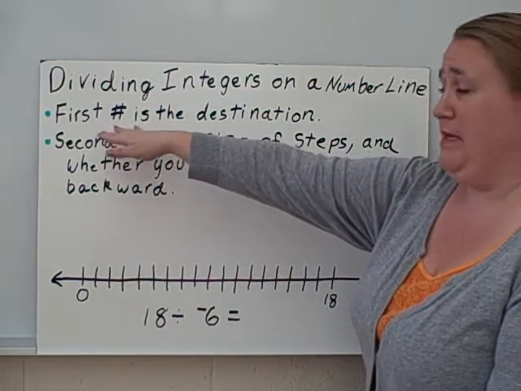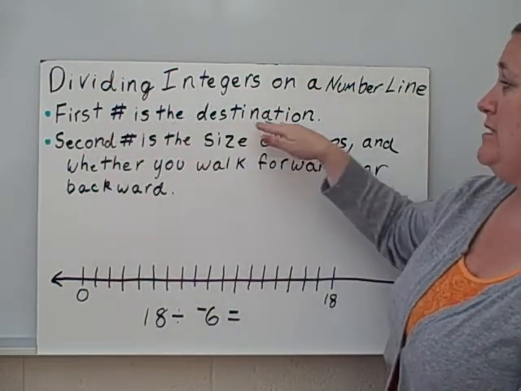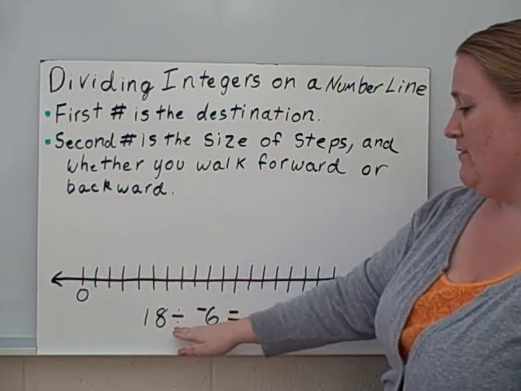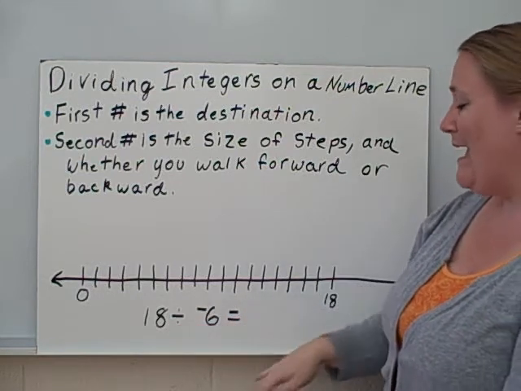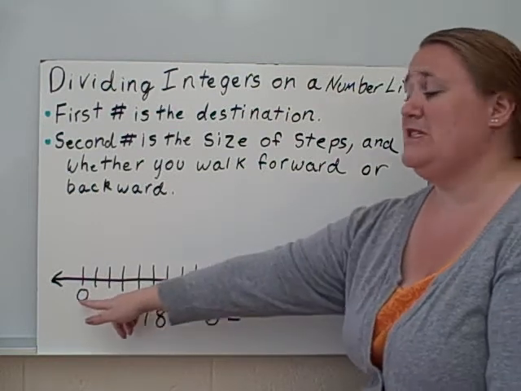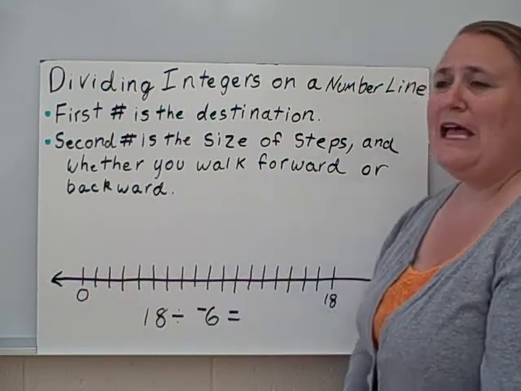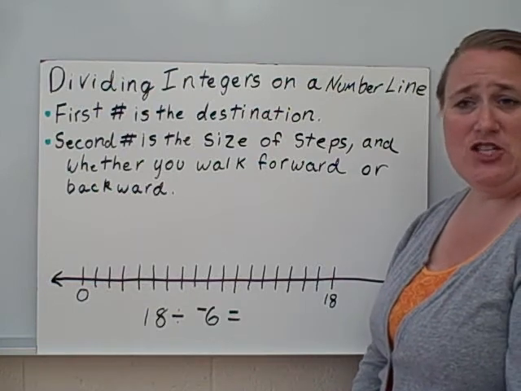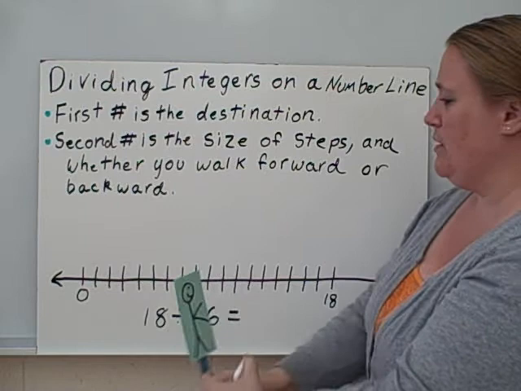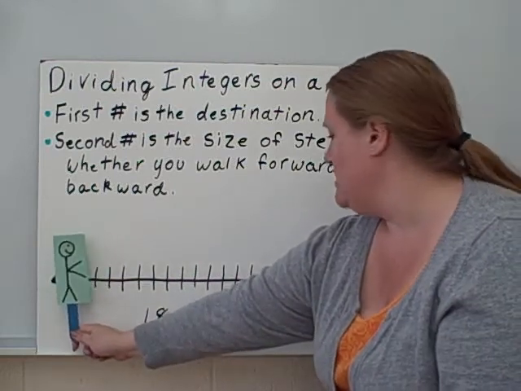The first step is the first number is the destination. So in this problem, 18 divided by negative 6, 18 is my destination. We always start at 0. If 18 is my destination, we typically always look to our destination. So we're going to be looking towards 18.